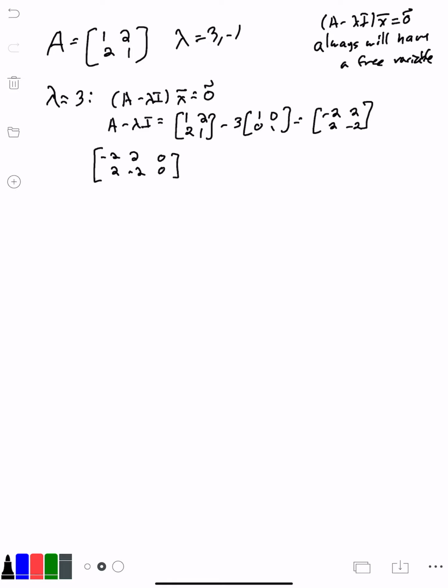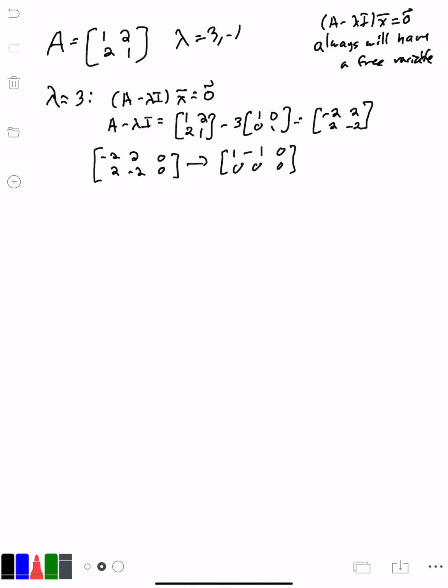You put it into reduced row echelon form, and put that in your calculator, and you should get 1, -1, 0, 0, 0, 0.